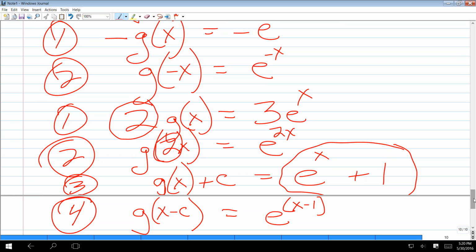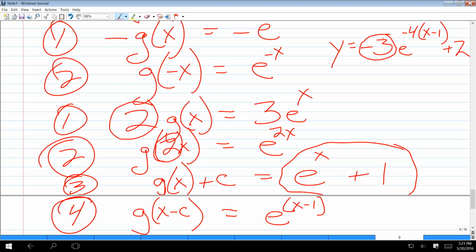But the trick in all of them is being able to take your transformed function and figure out how it was transformed. So if I give you something that's this, that has everything you can possibly do to that function. This is what?